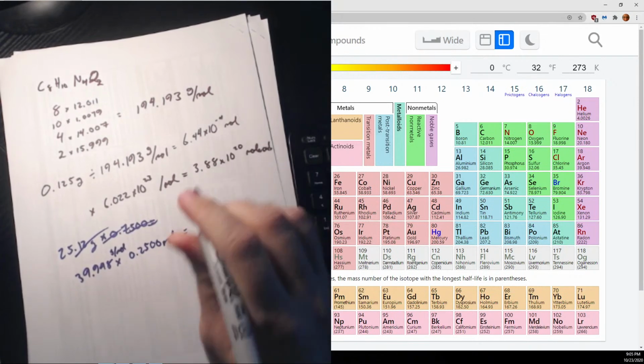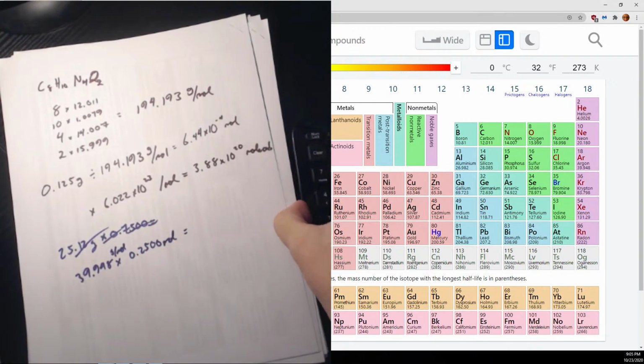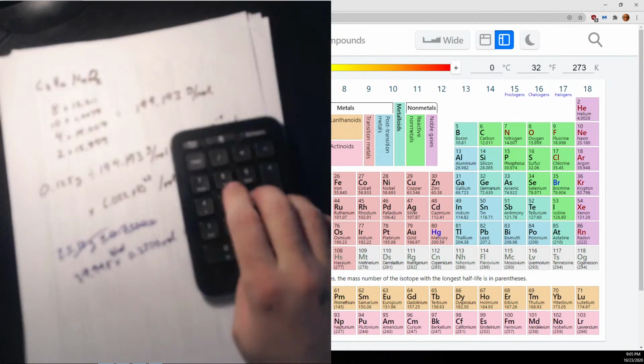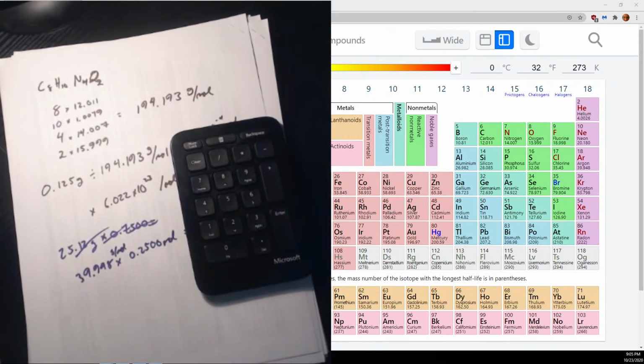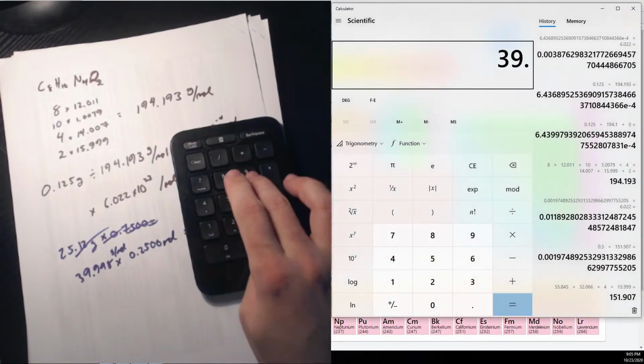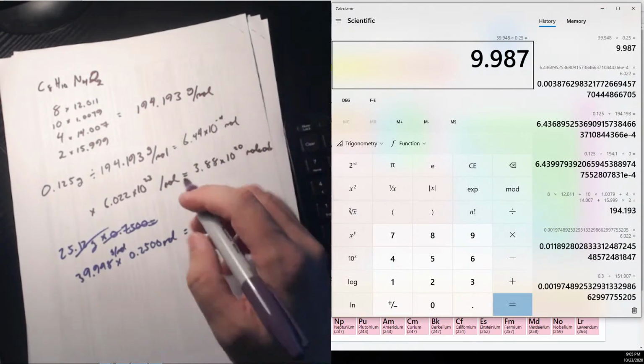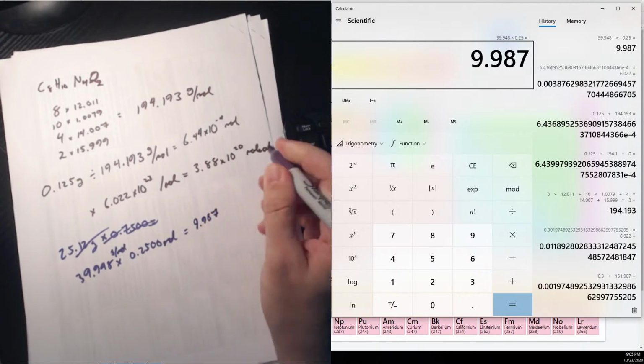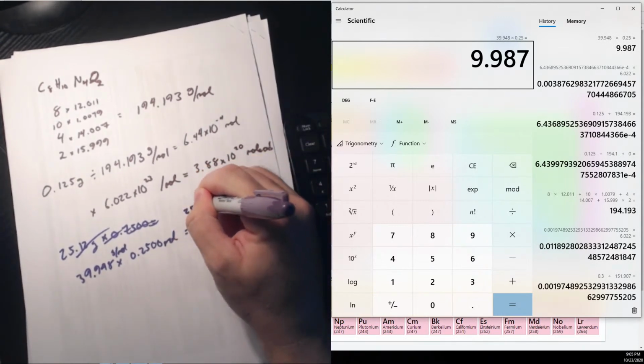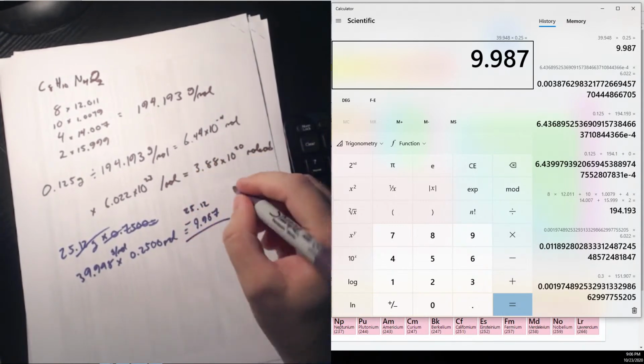That gives 9.987 grams. So 25.12 minus that.